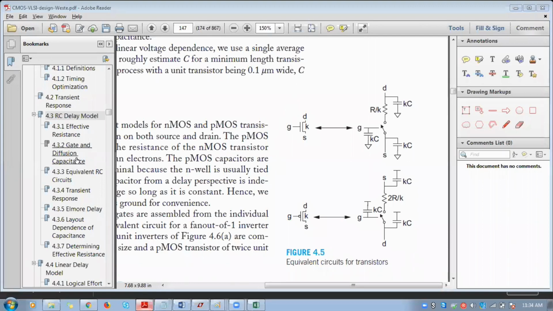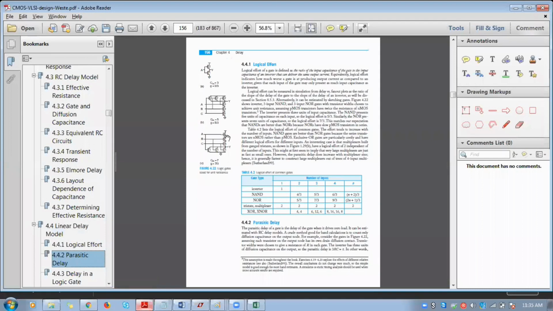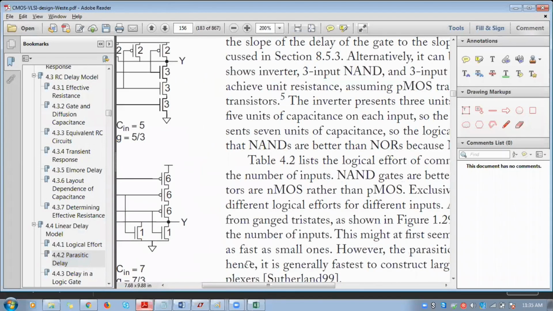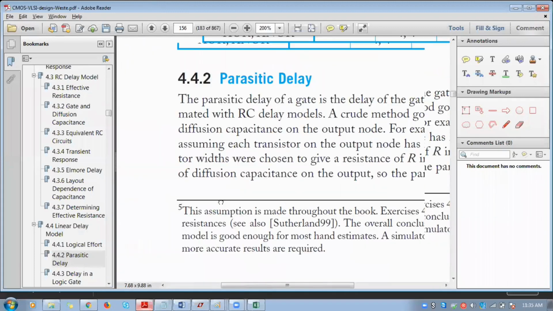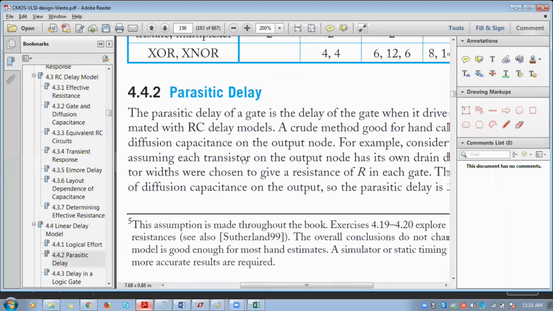So we have seen logical effort. Then we have to go for parasitic delay. While calculating that, we have to keep in mind that it is also like your logical effort.